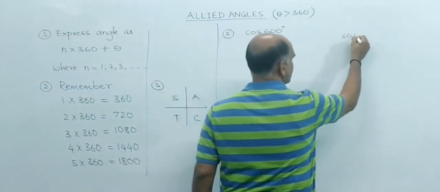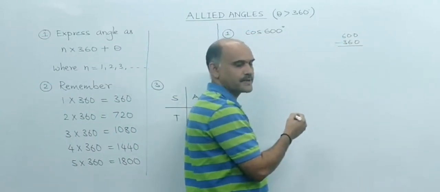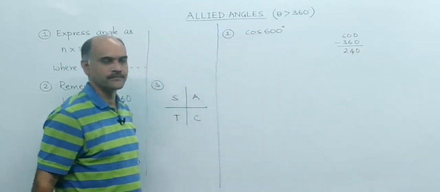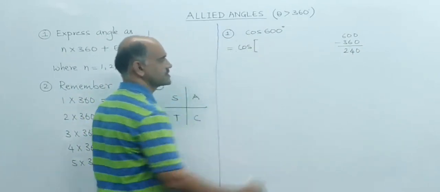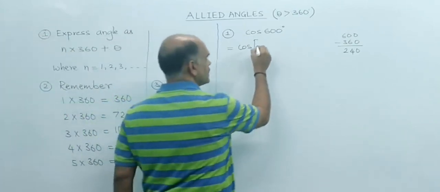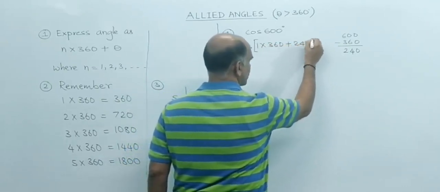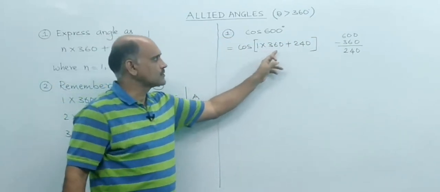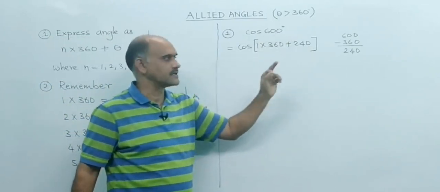So how much greater you can calculate. 600 minus 360, you will have 240. So 600 is written as, since it is greater than 360, 1 into 360 plus 240. 1 into 360 is 360, and 360 plus 240 if you add you will get 600.